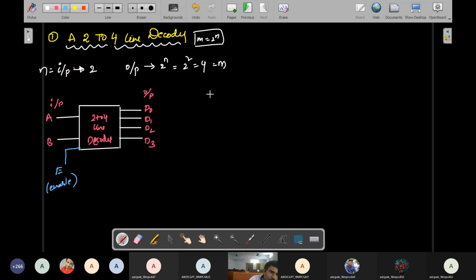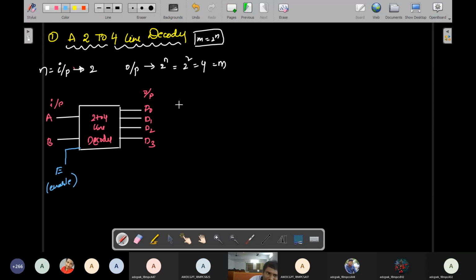Right now I'll explain the truth table here. You can understand very easily by using the truth table. If you understand the 2 to 4 decoder, then only you can understand the 3 to 8 line decoder, because compared to 2 to 4, it is much bigger and heavier.